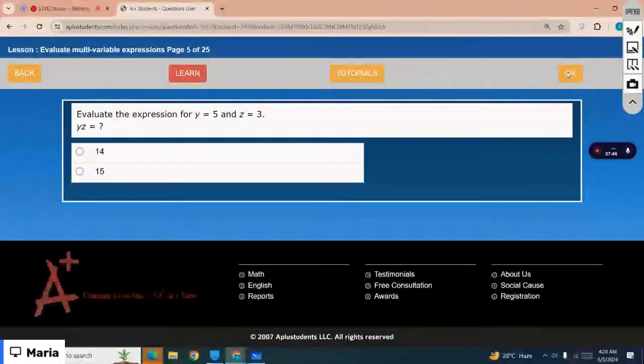Evaluate the expression for y equals 5 and z equals 3. So which is the correct option? The correct option is, yes, 15. It is option number 2.